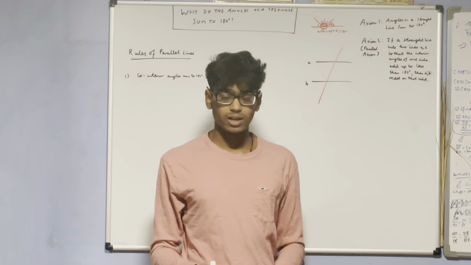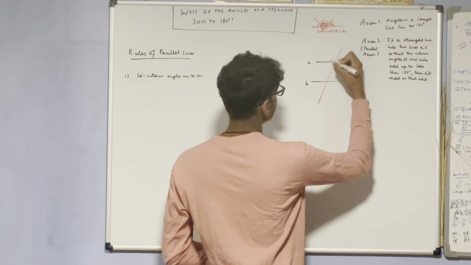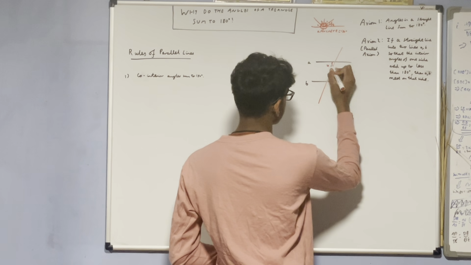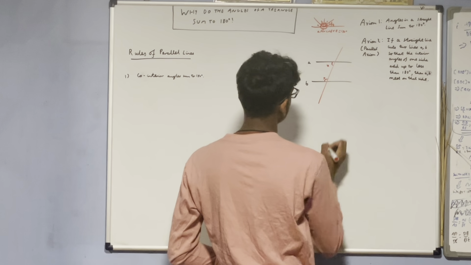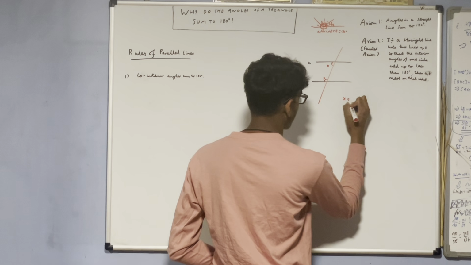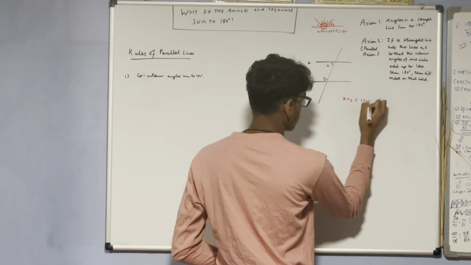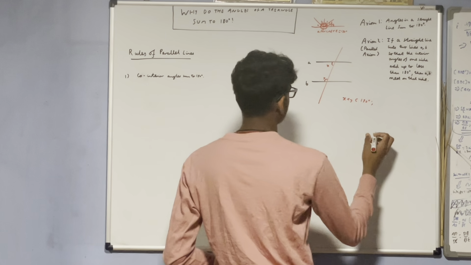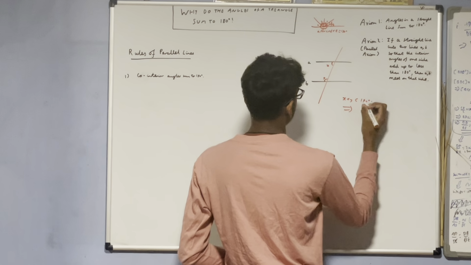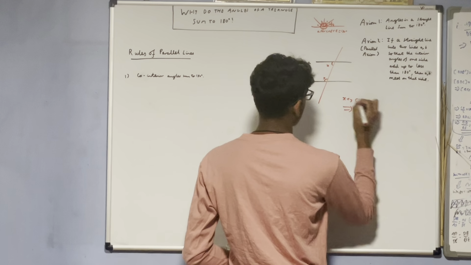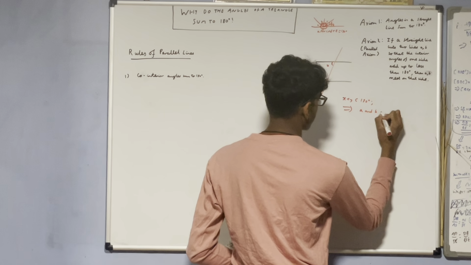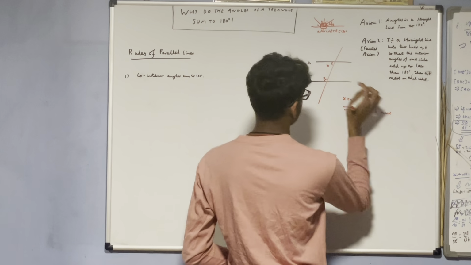If the straight line cuts both those lines such that this angle X and this angle Y are less than 180 degrees, then A and B meet on the side of X and Y.